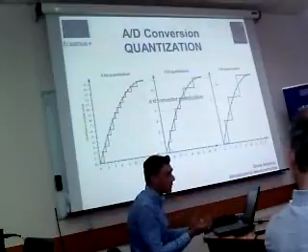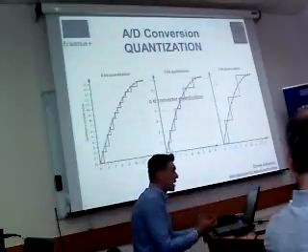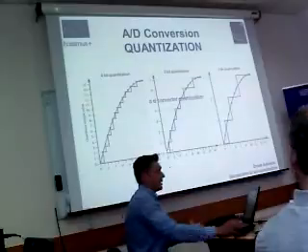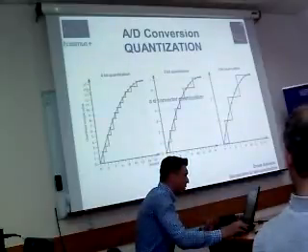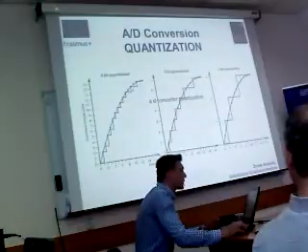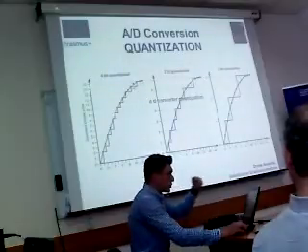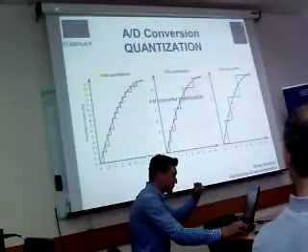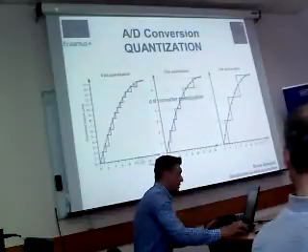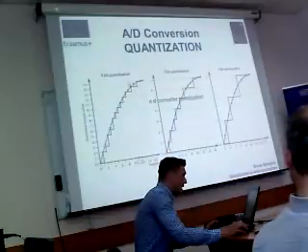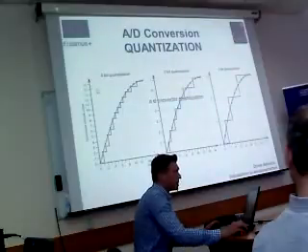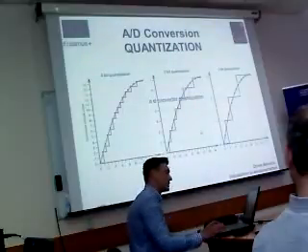So the more number we can describe in this axis. And then more precise our estimation, our approximation is here. So there is the shorter road between the sample and the nearest recognizable level of the converter. And this is the quantization.